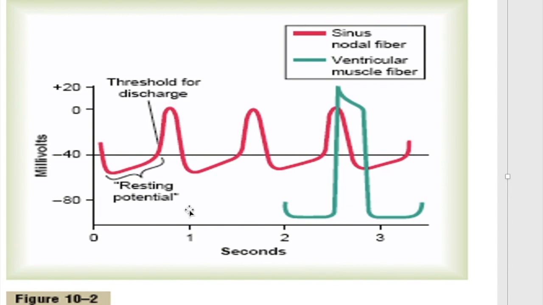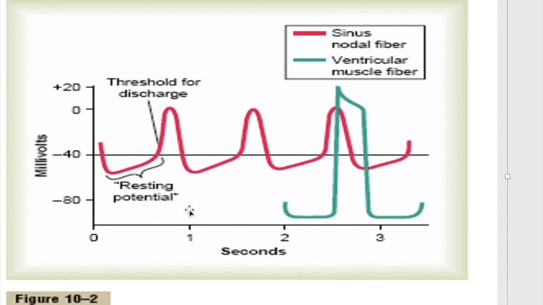The relationship is such that when heart rate increases, the period of contraction, or systole, decreases. Now look closely at this figure where you can see the action potentials in different types of cardiac muscle.